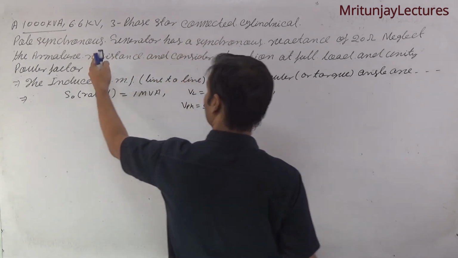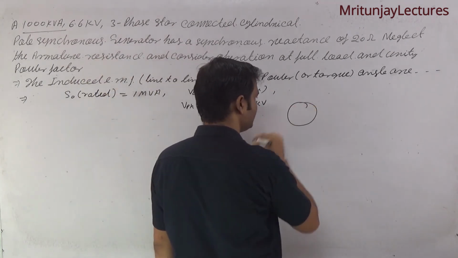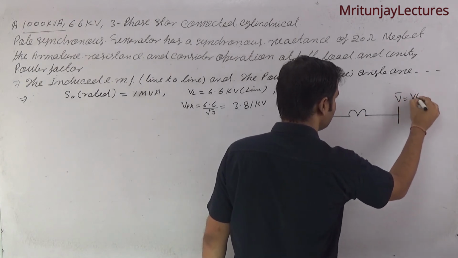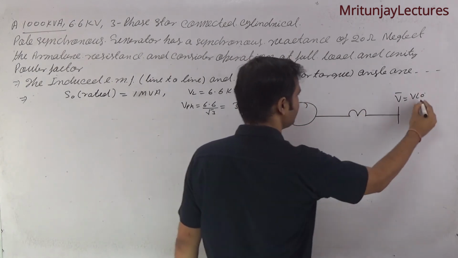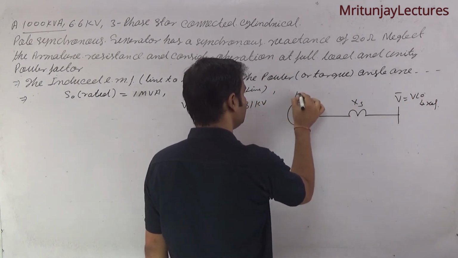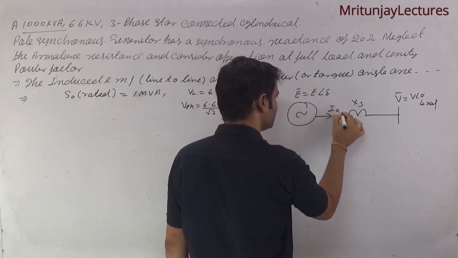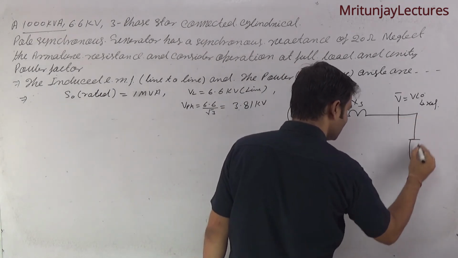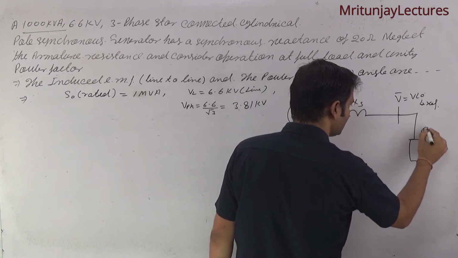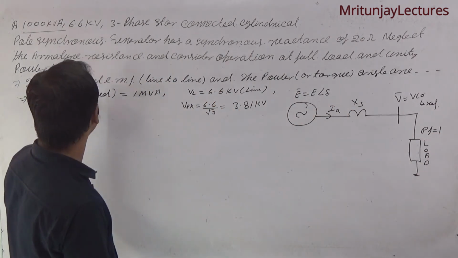Connected to a cylindrical pole synchronous generator. The synchronous generator is represented like this: terminal voltage V at the angle 0, that is the reference, and E equal to E at the angle delta. Armature current like this, and a load connected like this. The load power factor is 1.